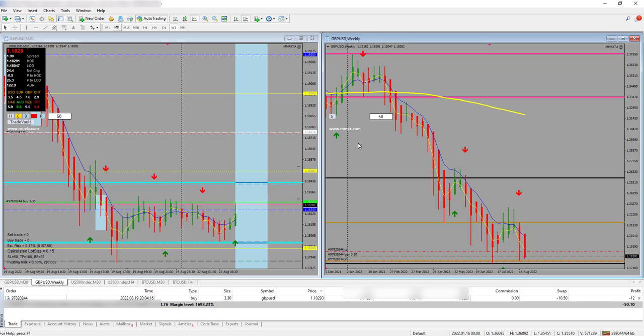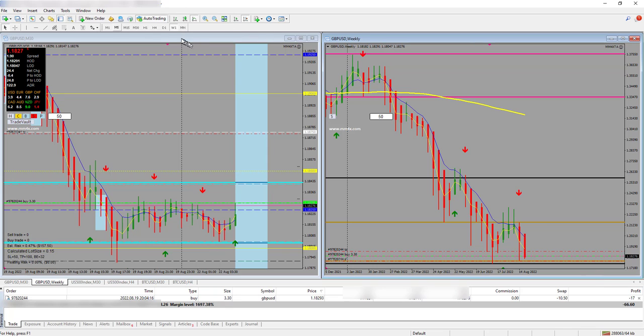So if you are a moving average trader, if you would have traded this pair from the beginning of the year when it closed below this moving average, you would have made a lot of pips, okay? And depending on your lot size, you would have been all the way cash cow to the bank, all right? So the major trend for this pair is bearish right now, okay?